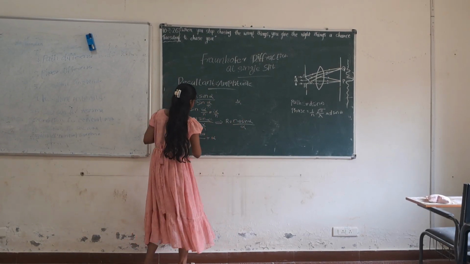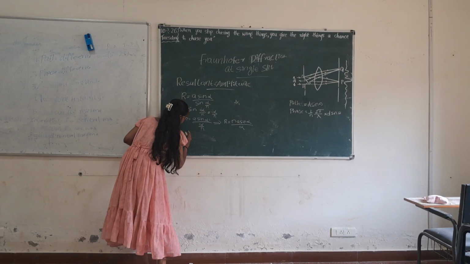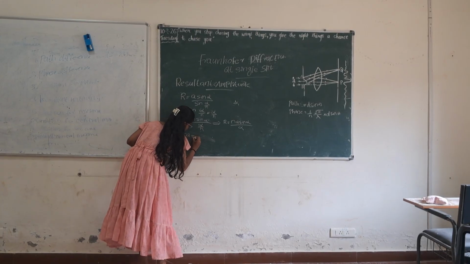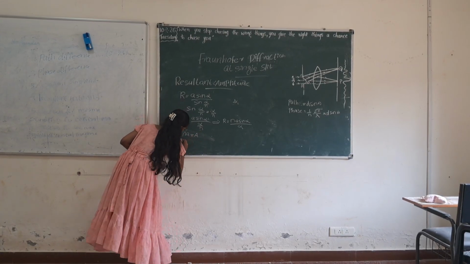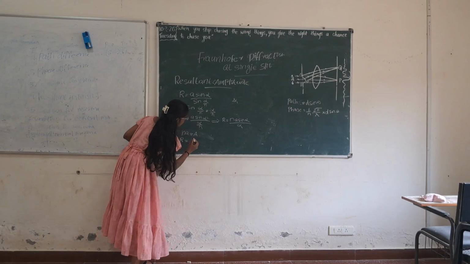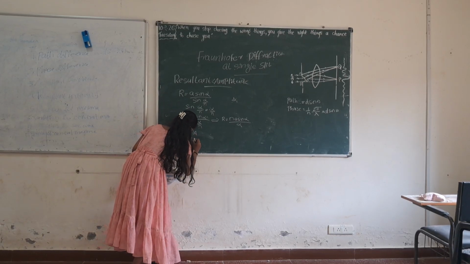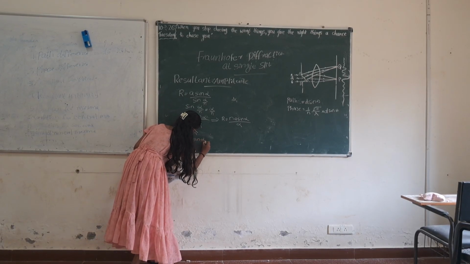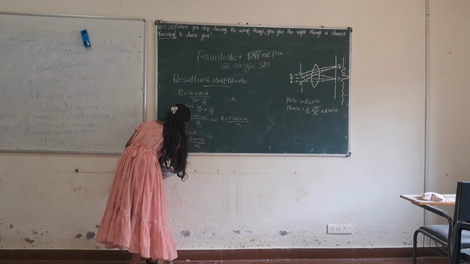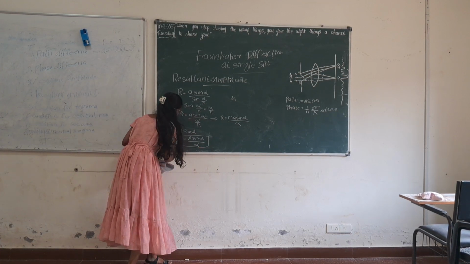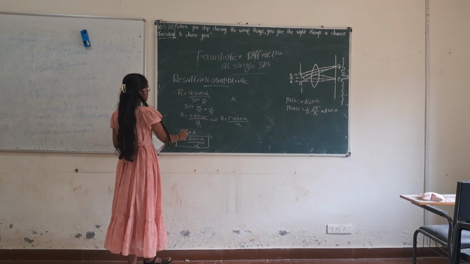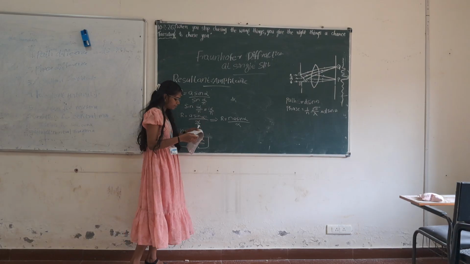We are taking nA equal to A0. So R is equal to A0 sin alpha by alpha. This is the equation for resultant amplitude.